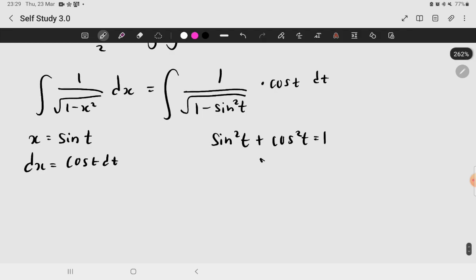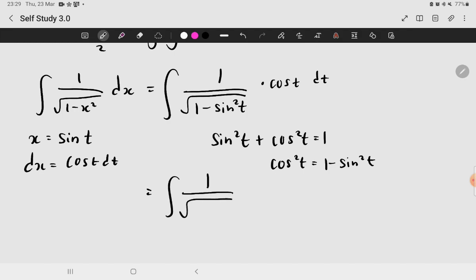You can express it in this form: cosine squared t is equal to 1 minus sine squared t. Okay, so now substitute 1 divided by the square root of cosine squared t times the cosine of t.